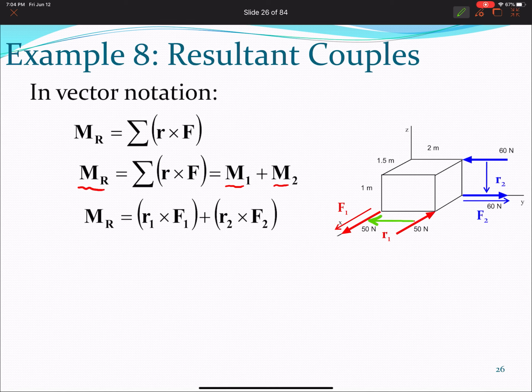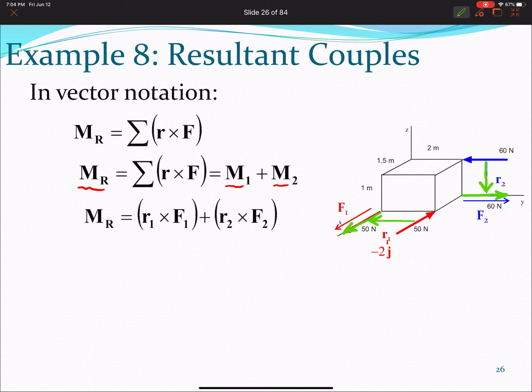Remember, depending on the R you're going to use is the force you want to cross. So for example, this is the position vector here, and then this is the force vector I have to use. The force vector you need to use depends on how you defined that position vector.